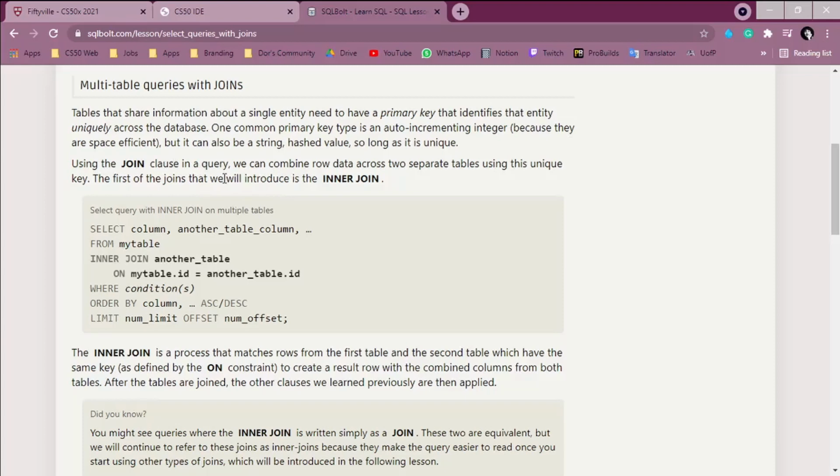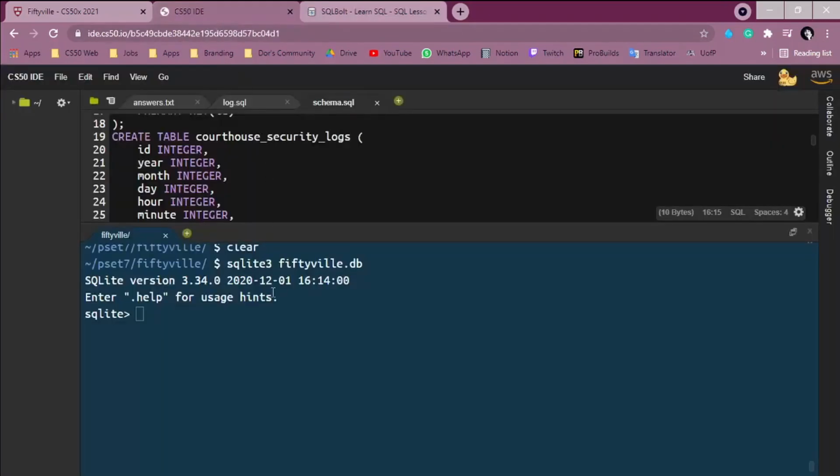We also have a video doing all the exercises of SQL Bolt, but basically, tables that share information about a single entity need to have a primary key, and we have this primary key that is the ID, and that identifies that entity uniquely across the database. And we can join these two tables to get the information that we want. This is basically the idea, okay?